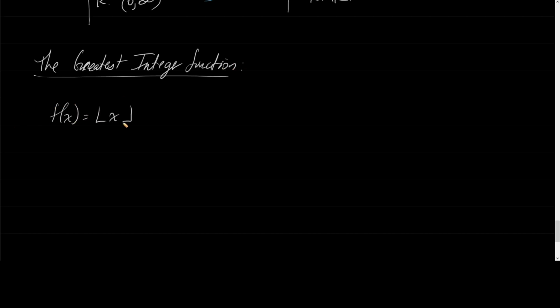The greatest integer function. You may have seen it with this symbol instead. They both mean the same thing. Now, the greatest integer function is also called the floor function. Essentially, what it does is it rounds down. Whatever input you put into it, the output is going to be the rounded down version.